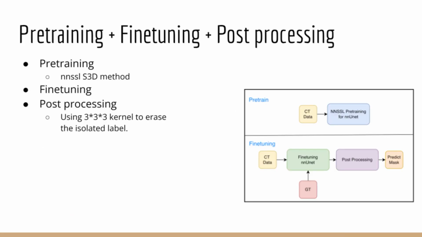To address the high complexity and severe class imbalance, our final method employed a comprehensive three-stage pipeline: pre-training, fine-tuning, and post-processing. First, in the pre-training phase, we utilize the nnSSL S3D method with a residual encoder nnU-Net backbone.